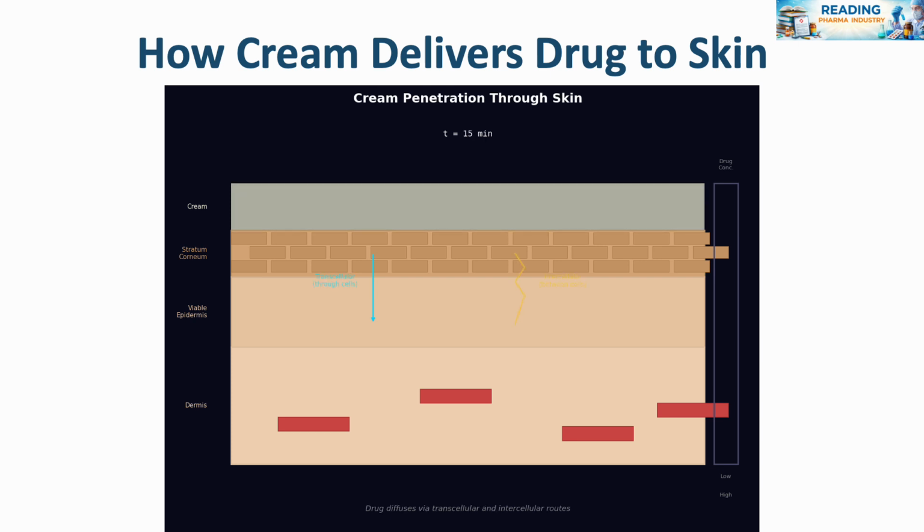So the question is, how do creams deliver drugs to the skin, or even when they are used to moisturize the skin? The first step is, of course, absorption to the surface. And the rate limiting step is the penetration into this cement-like structure, which is called the stratum corneum. If it passes through, then it will go through the epidermis and all the way down into the dermis layer.